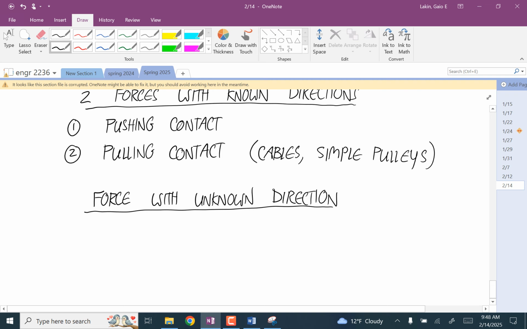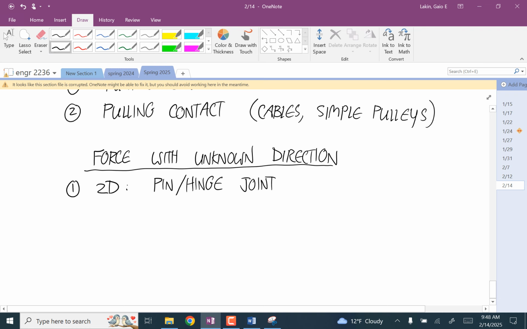So one is in the case of 2D problems, and we're going to do a lot of problems that are just confined to one plane. In 2D, this is a pin or a hinge joint. You can think of that as something like this, connecting two bodies.